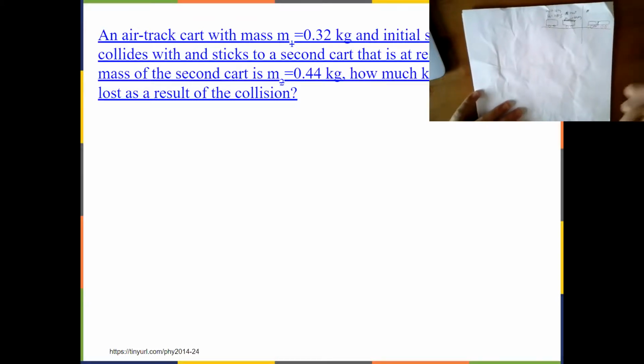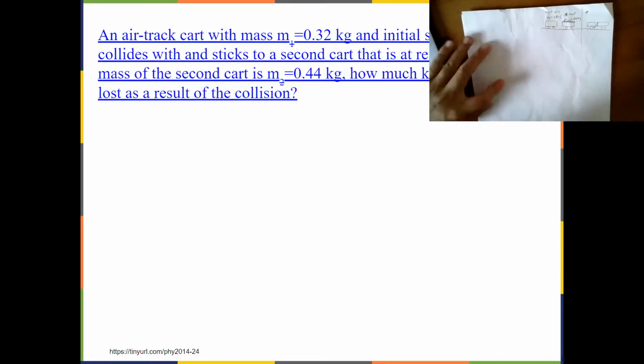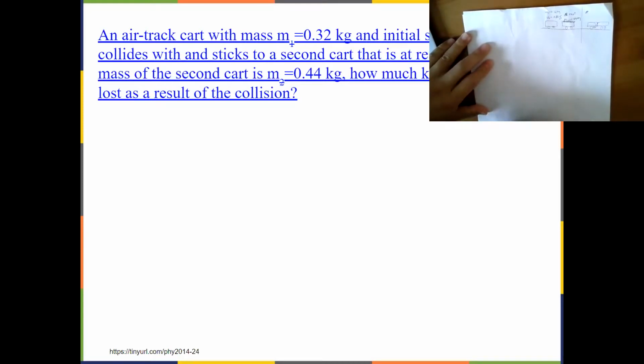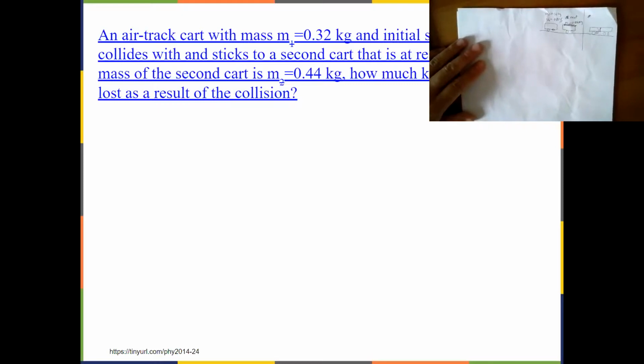When we talk about change in kinetic energy, we know that you are doing final minus initial. Now for a loss of a certain quantity, that means the initial minus the final. Like when you are doing business, your initial capital minus your final capital.